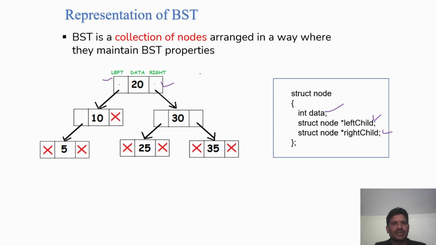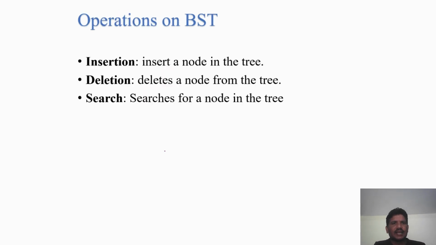The left pointer would be connected to the left child, the right pointer would be connected to the right child. Okay, if you know the linked list concept, you can understand this one. If you have any doubt regarding this, you can post in the comment box. Then I will take a separate class for the linked list. Okay, this is the way you can represent the binary search tree in memory by using a linked list.